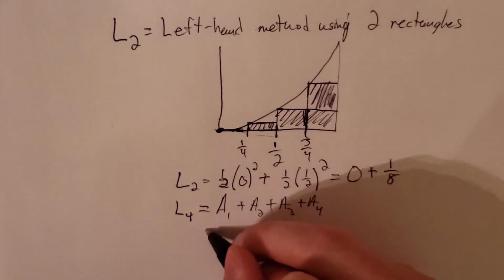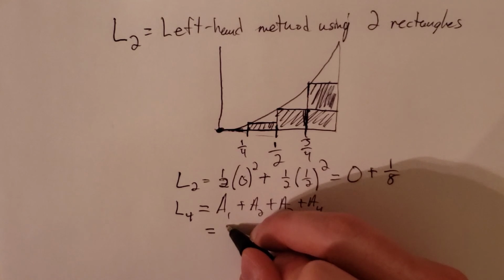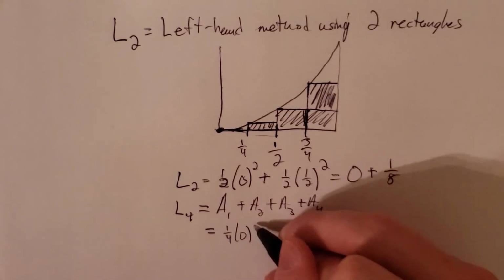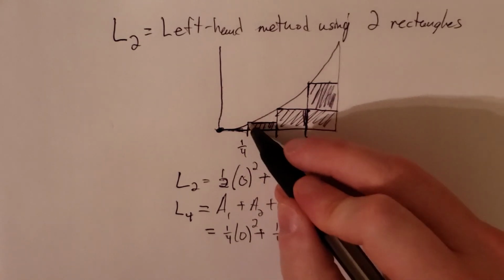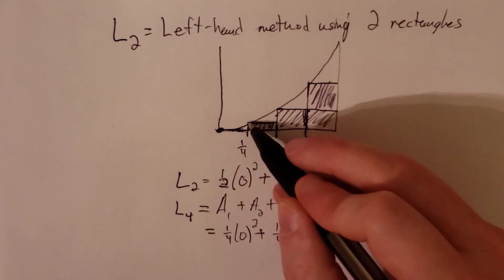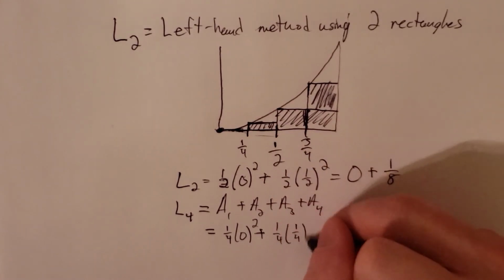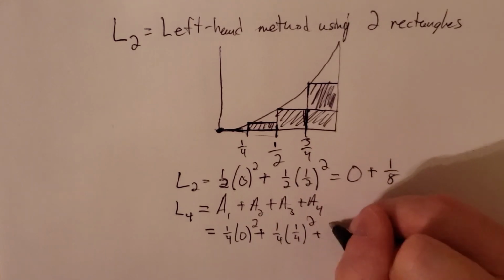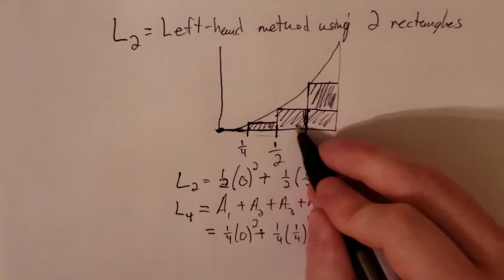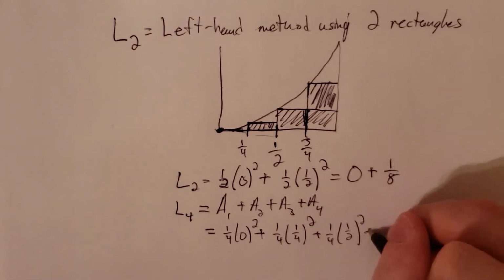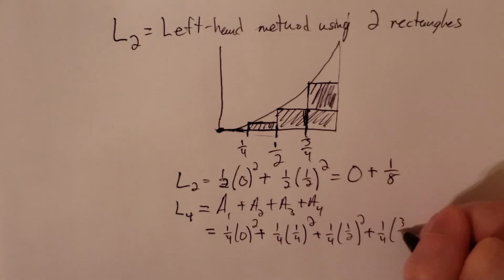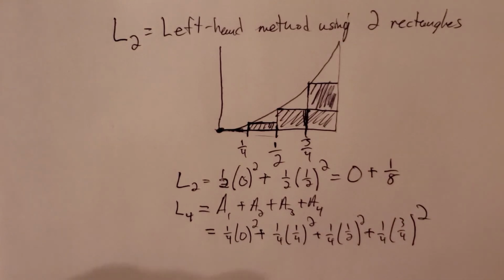Calculate those areas, and we get 1/4 times 0 squared plus 1/4 times the left-hand endpoint here. The height of the second rectangle is 1/4 squared, plus 1/4, the width here, times its height, which is 1/2 squared, plus 1/4 times 3/4 squared.